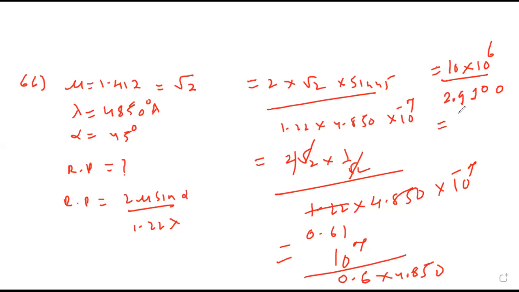So this is close to 2.9, means 3 into 3. So close to 3 into 10 raised to 6. Check. Close to 3 into 10 raised to 6. Yes, option B. Let's answer.